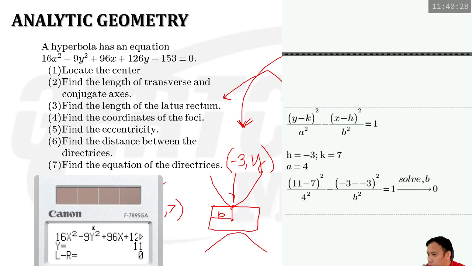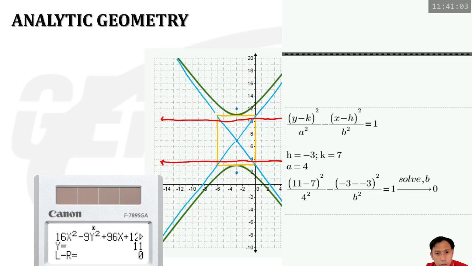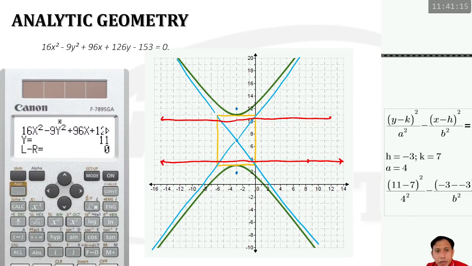I think I have answers to that. But this will be the graph of this. The problem in calculus is algebra.